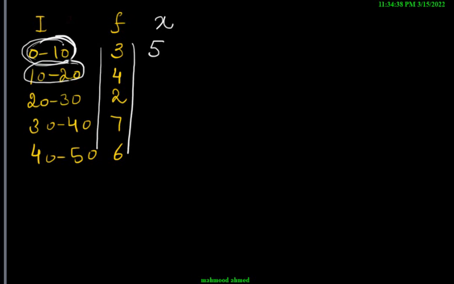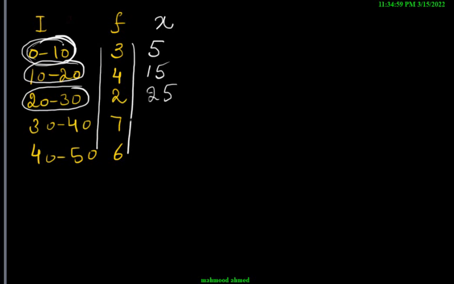Same way, we have 10 and 20, we add them, we get 30, and then we divide 30 by 2 and we get 15. In the same way, in the next interval we have 20 lower limit and 30 upper limit, we add them, we get 50, and then we divide by 2 and we get 25.